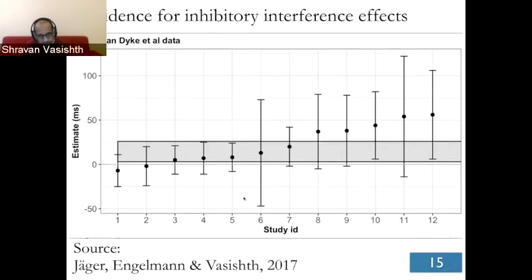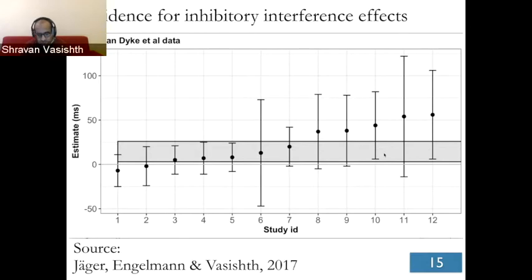From 12 studies that she had done, we extracted the mean interference effect, so this is the fan effect in sentence processing. These dots are the means, and these are 95% confidence intervals that we extracted from the papers she published. We don't have her original data, only the summaries from the papers.